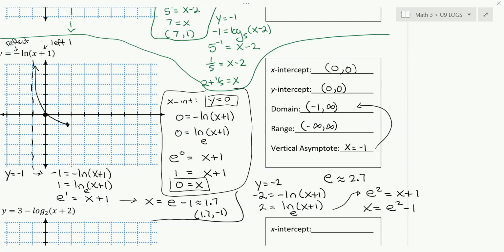Or you could do 2.7 squared. So e squared minus 1 is going to be roughly 6.4. So 6.4 comma -2.